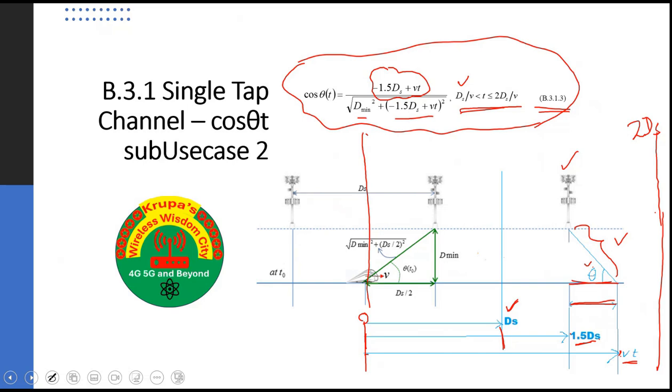So that's very much the same way. Cos theta is equal to your base by your height, and by that you could find that cos theta t is equal to (vt minus 1.5 ds) divided by root of d mean square plus (vt minus 1.5 ds) square. All right. So this is very similar to the previous one. I hope this is also clear.